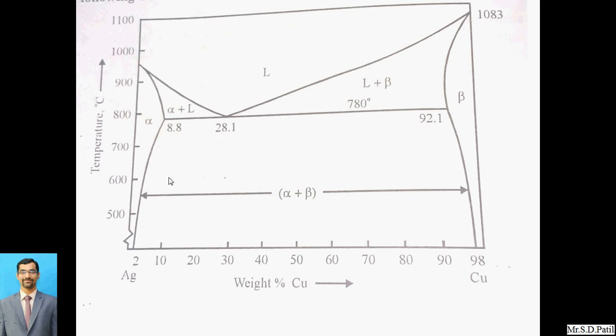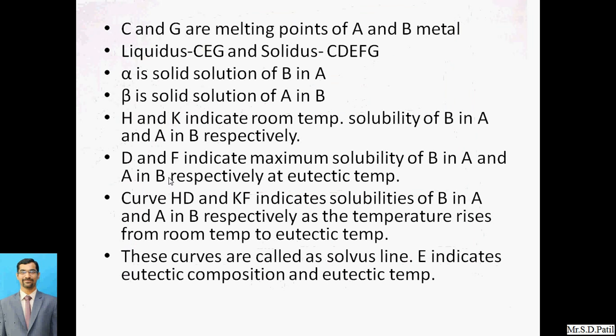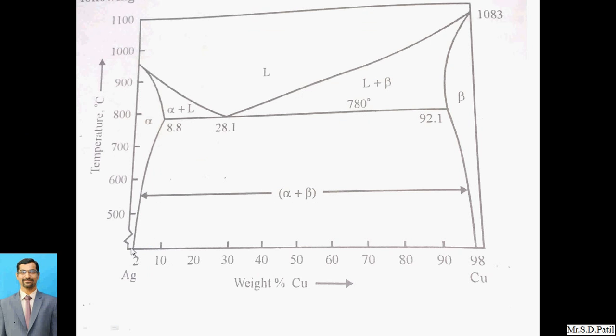So at room temperature, the solubility of Cu in Ag is 2%, and the solubility of Cu in Ag at eutectic temperature, that is the maximum, is up to 8.8%.